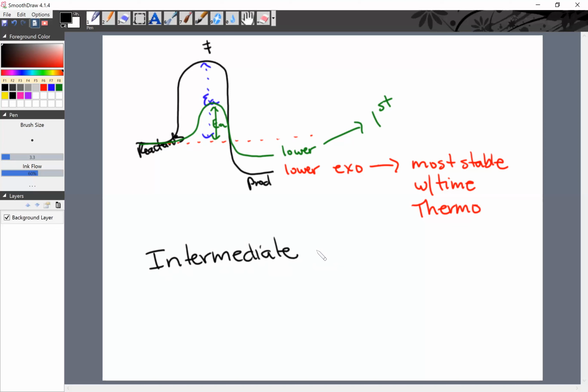And that intermediate was very obvious in that there was a difference in its overall stability. But what if you weren't given something so nice with that perfect intermediate? Then you would have to inspect it.